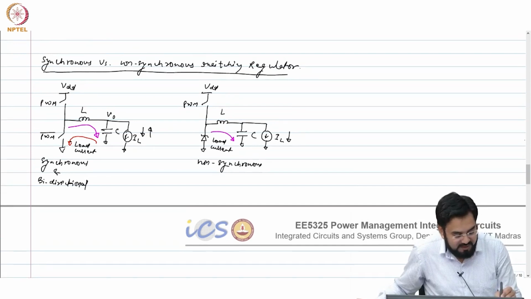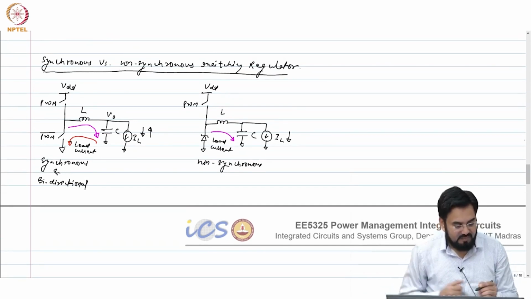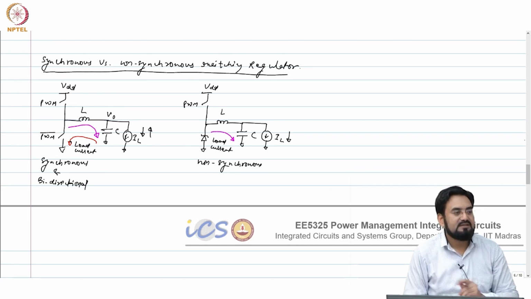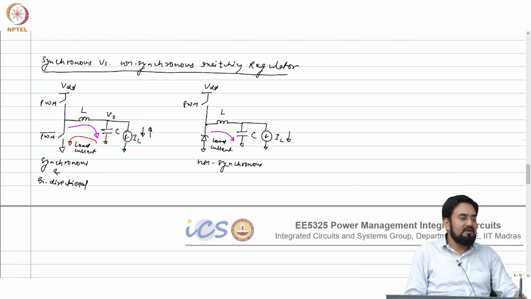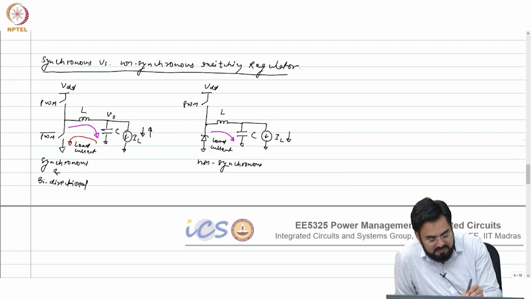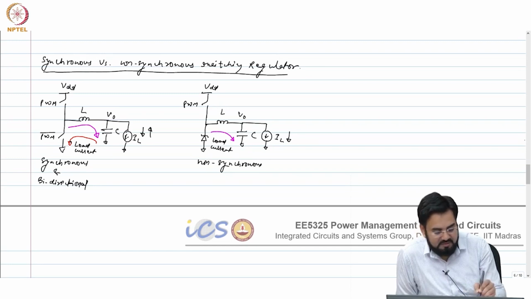So, if your load current goes negative in the case of non-synchronous, when the inductor current goes negative, the diode will not conduct. Negative means from output to input, so reverse.